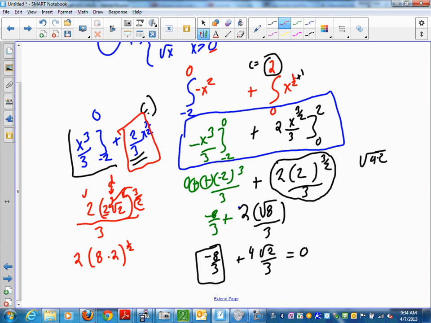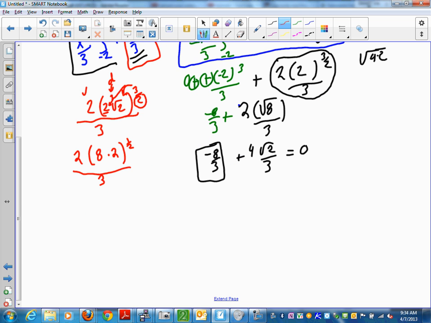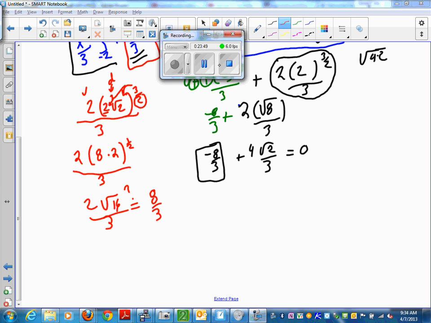So basically, I hadn't taken care of the denominator yet. Over 3. All right. So 8 times 2 is 16, and we have square root of 16 times 2 over 3. Does that equal 8/3? And of course it does. So that's sort of an involved one, but hopefully if you have time you can work that one out. All right. Best of luck to you. See you soon.